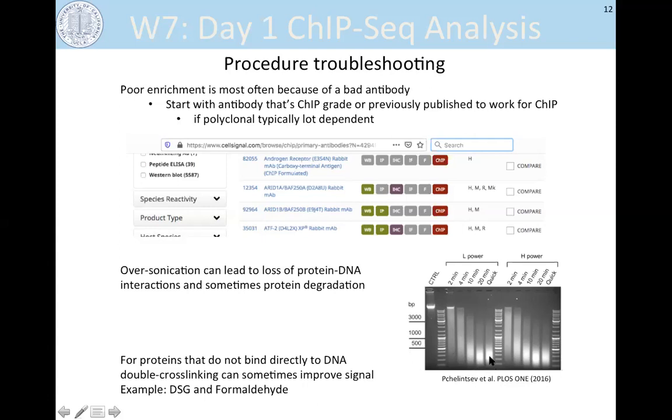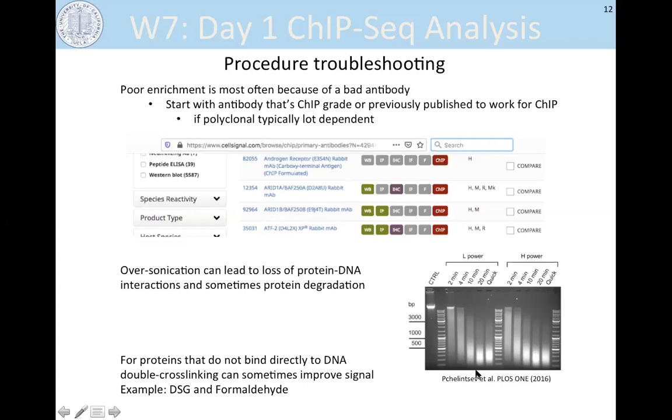Depending on what you're ChIPing, this could be over-sonication. I tend to stay on the lighter sonication side, so this would probably be ideal. I would even use the second sonication protocol depending on what I'm ChIPing.